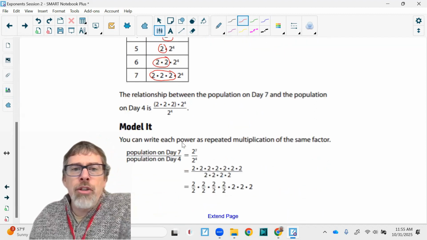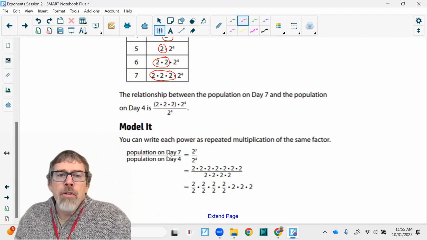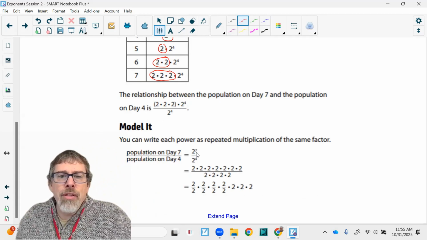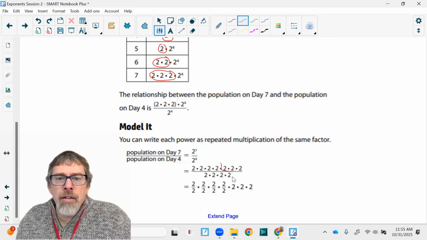Okay, and so then you can write each power as a repeated multiplication of the same factor. So population on day 7 is 2 to the 7th, and population on day 4 is 2 to the 4th. So if we write this as 7 2's in the numerator and 4 2's in the denominator, and then slide these 4 over to 4 of the 2's, so really what they're doing here is just lining these 4 up with these 4 and getting fractions.